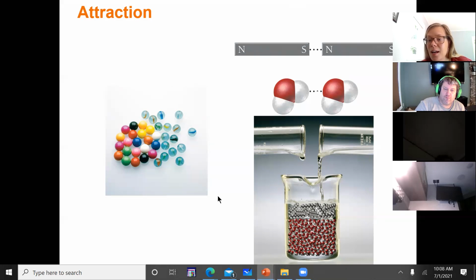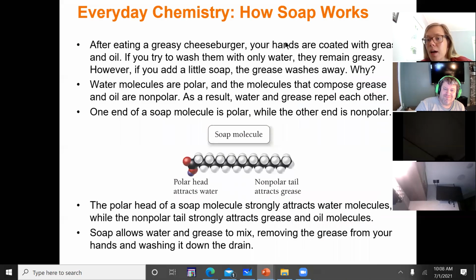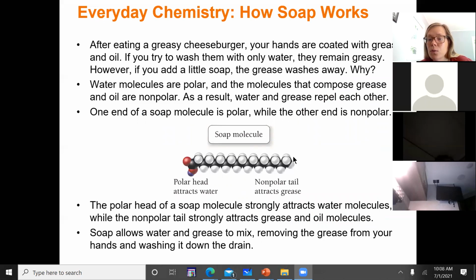You need soap, okay? Soap is so cool. It's a really, really long molecule, and most of the molecule is nonpolar. So it's got this really long, balanced, nonpolar tail. That nonpolar part of it is able to attract the grease or the oil.